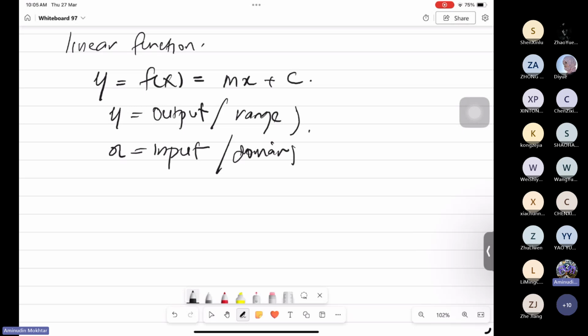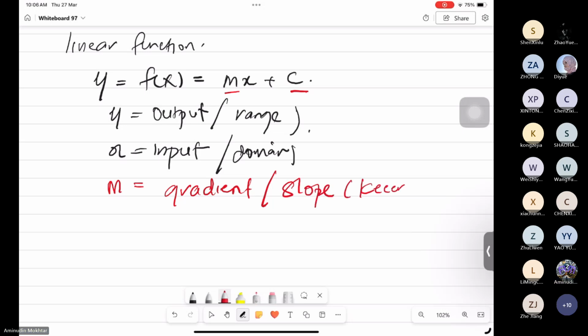Okay, and then what is m? What is c? In this concept, m is equal to the gradient or slope. In bahasa, we call it keturunan.